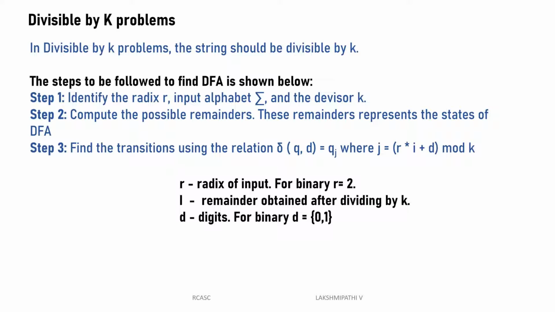Then what is d? d is the digits. For binary, d is equal to 0, 1, the input symbols. 0, 1 are the digits. Then k is equal to the divisor, the element we use for dividing. r is equal to the radix of the input; for binary we use 2 as the radix. i is equal to the remainder obtained after division by k. d is equal to the digits; for binary d is 0, 1. k is equal to the divisor.